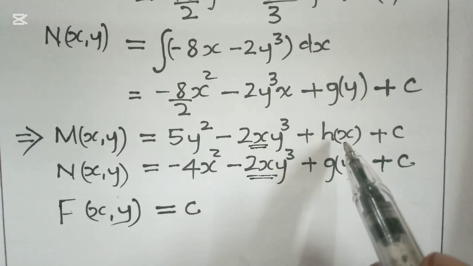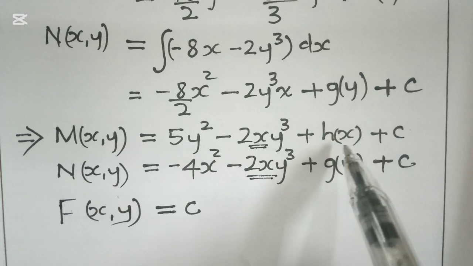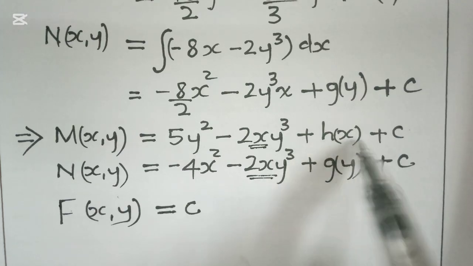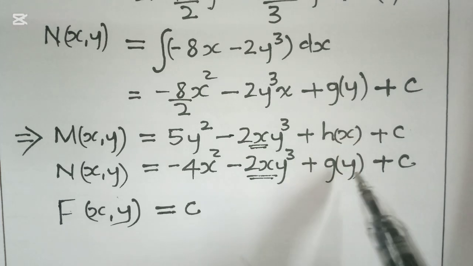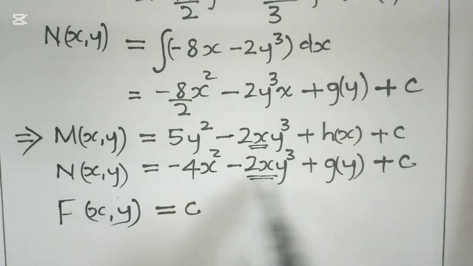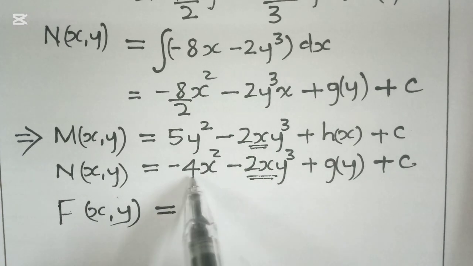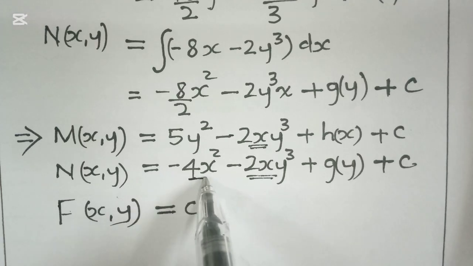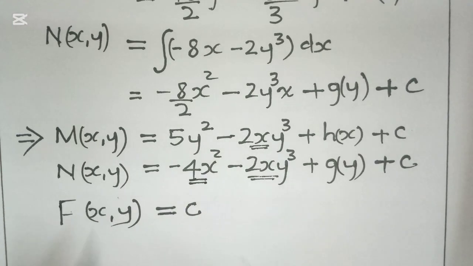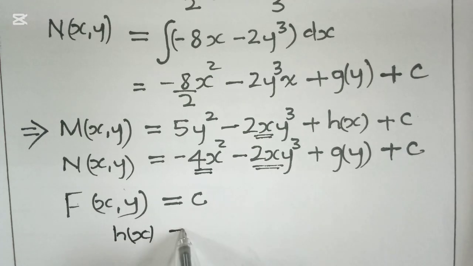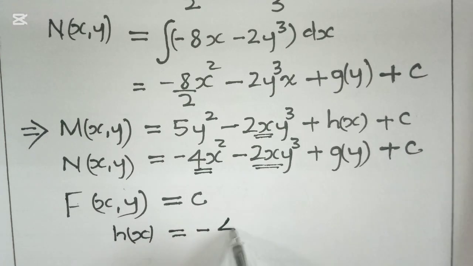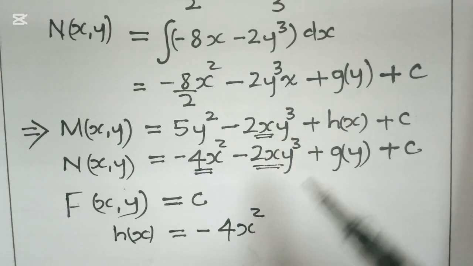Now we come here and compare. We look at this h(x). For h(x), it's in this first function, and we are saying this is supposed to be equal to that. So we look and find the function of x alone, and this is supposed to be minus 4x squared. And so, guys, we can say our h(x) is supposed to be minus 4x squared, because, guys, we have said they are supposed to be the same.